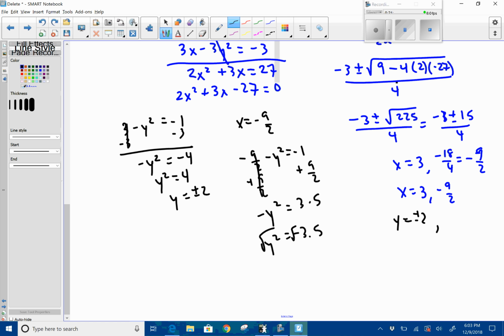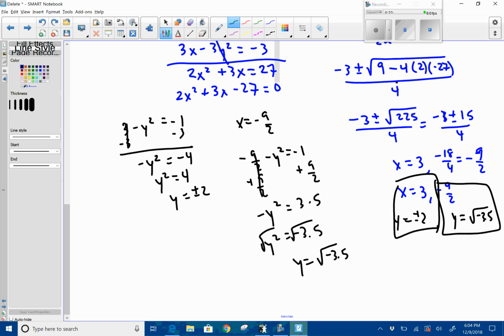Find the square root. So I get y is equal to the square root of negative 3.5. So if x equals negative 9 over 2, then y is going to equal the square root of negative 3.5. So that's one answer, that's another answer.